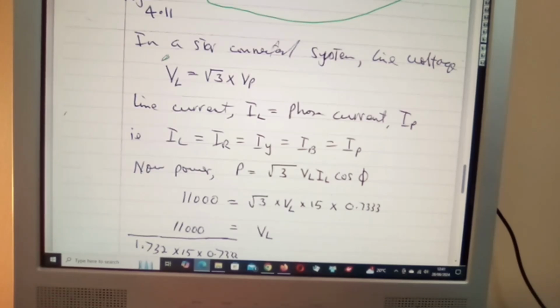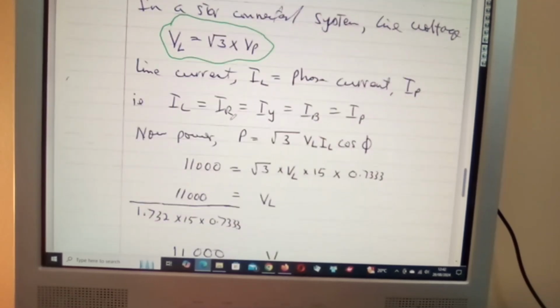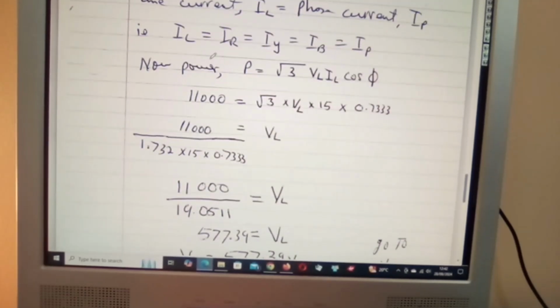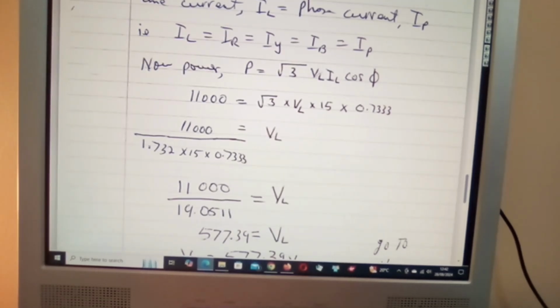And again, here we have the information that you will need. Use it, do not ignore it. And here we have similar power.